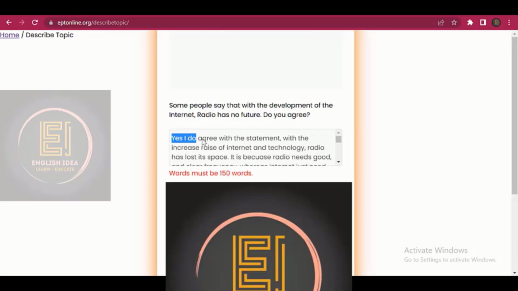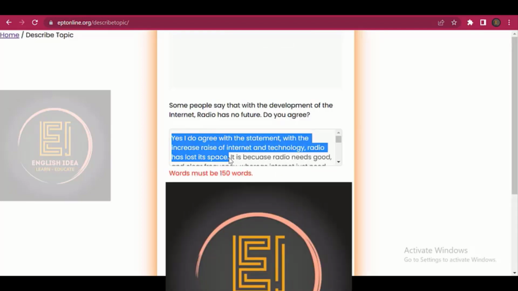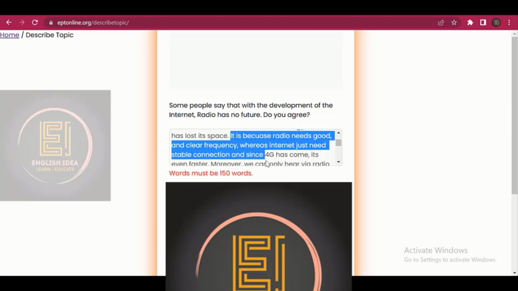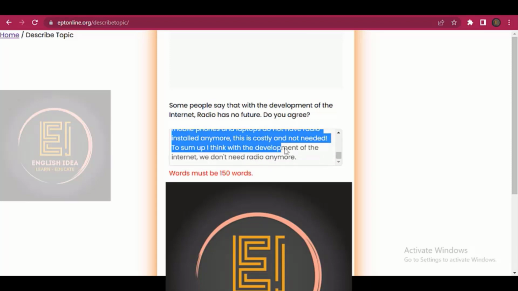This is my topic sentence. And this is my supporting ideas with examples. I have said why I agreed with the statement.